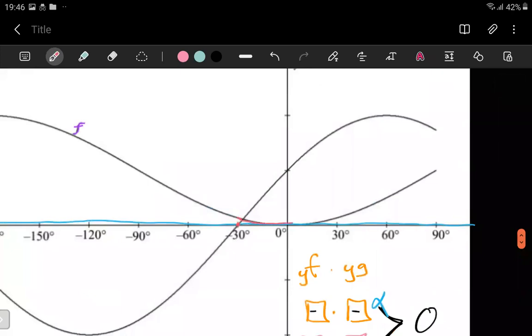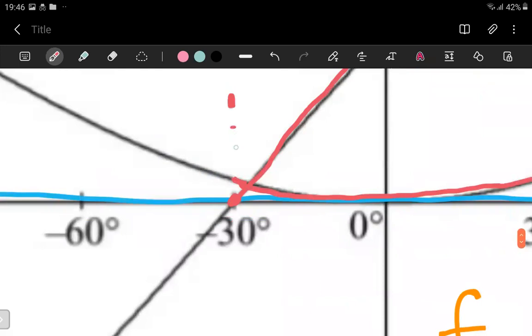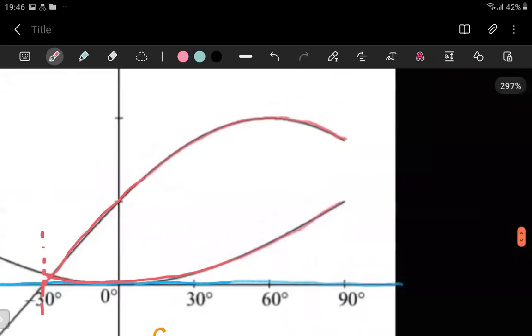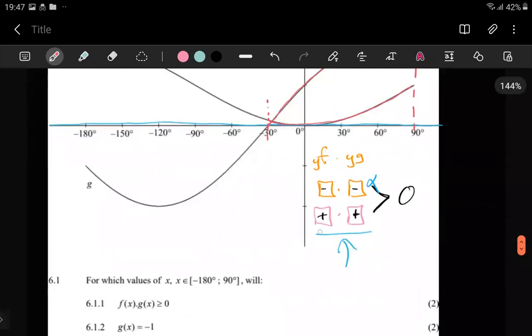You can see this graph has positive y values. And then the other graph from negative 30 to 90 also has positive y values for those same x values. So it's starting from here all the way until here. That's a scenario where there are positive y values and positive y values as well.